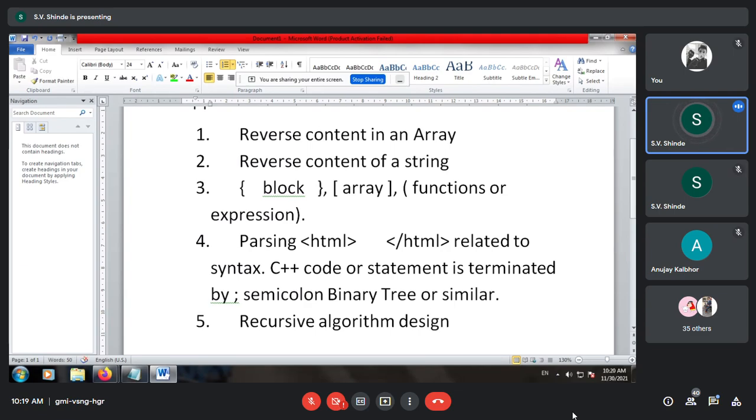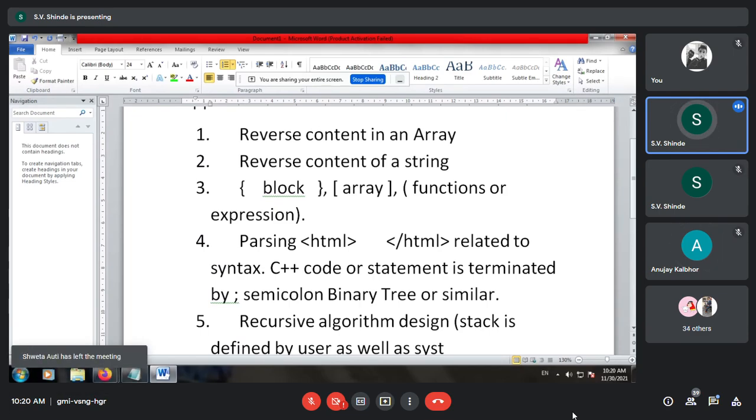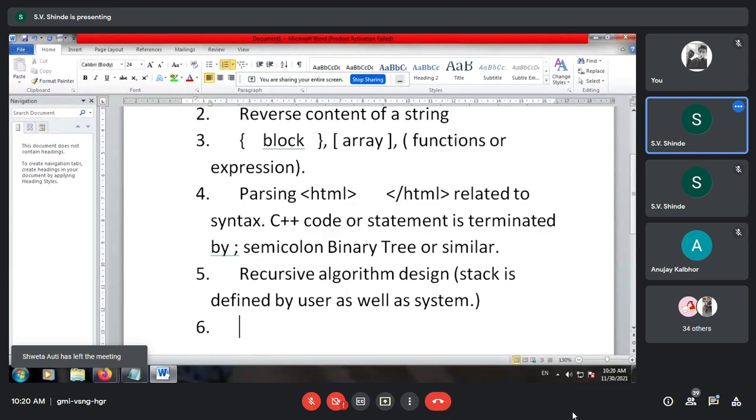When a stack is concerned, it is also used by the system. So we say a stack is for the user as well as the system. There are two stacks. One is user defined, and the compiler has its own stack program.